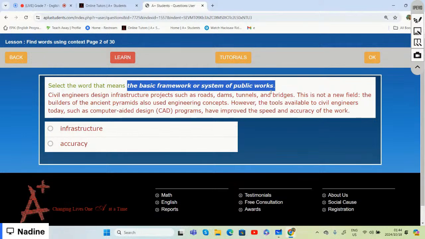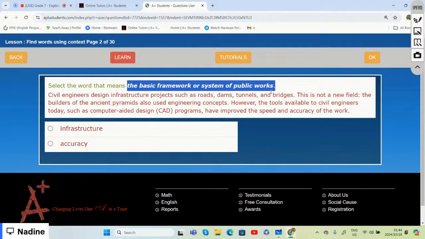It says civil engineers design infrastructure projects such as roads, dams, tunnels, and bridges. This is not a new field. The building of the ancient pyramids also used engineering concepts.